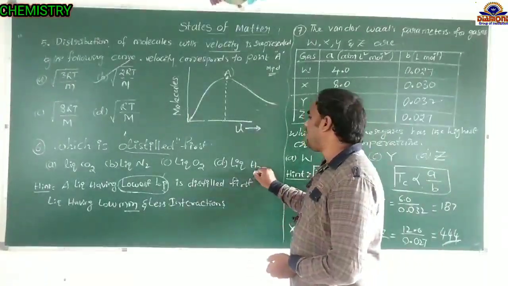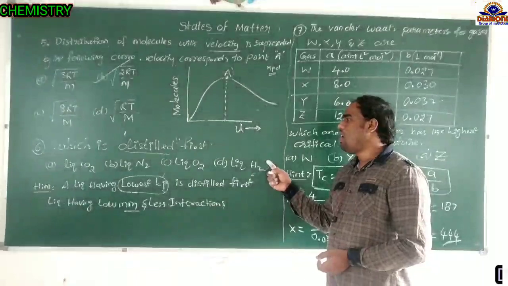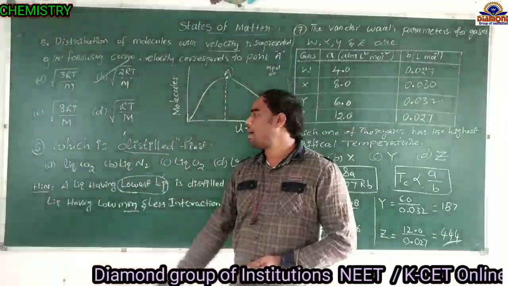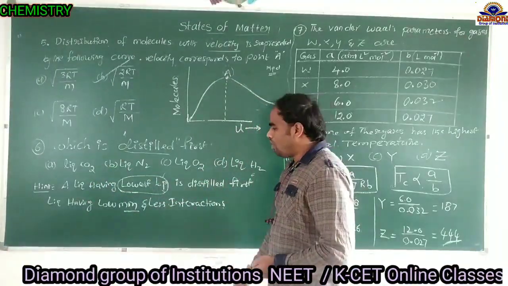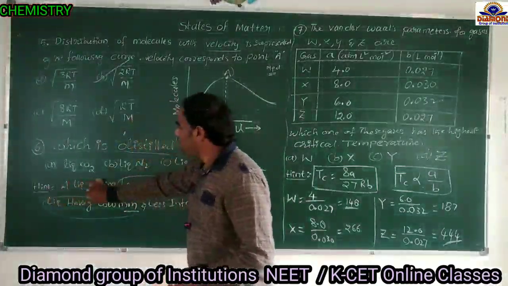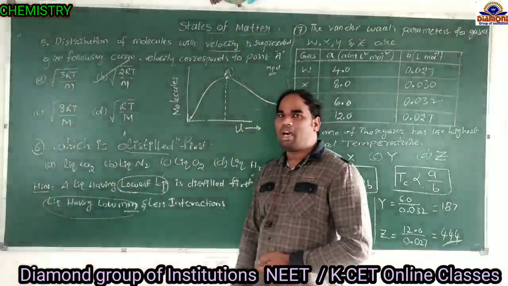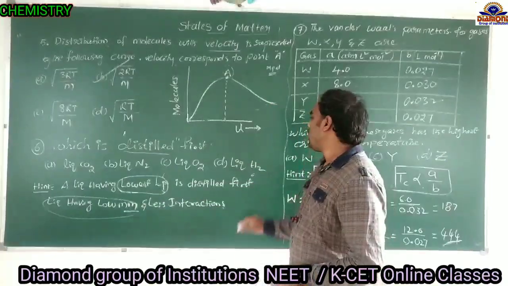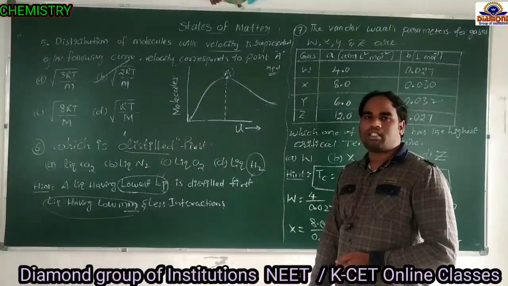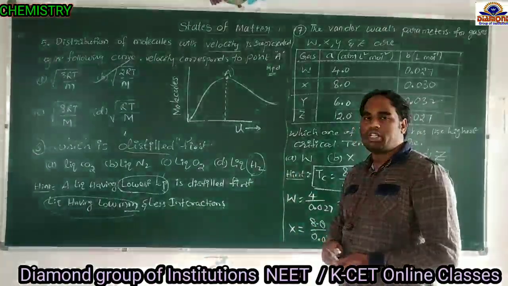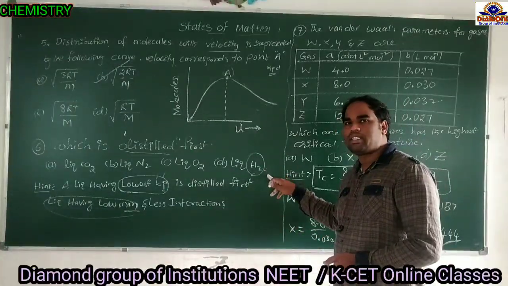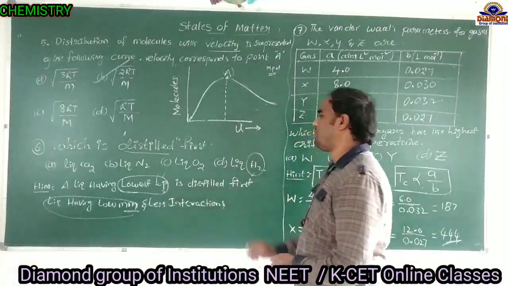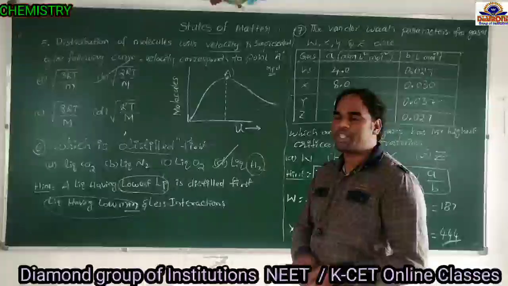So hydrogen's molecular mass is low, after that nitrogen, after that oxygen, after that carbon dioxide. Carbon dioxide molecular mass is more. So what is the clue here? If a liquid has low molecular mass and less interaction, then the boiling point is also low. So liquid hydrogen has low molecular mass and less interaction. Therefore, low molecular mass means lowest boiling point, and the lowest boiling point means it is distilled first. Therefore, D is the answer.